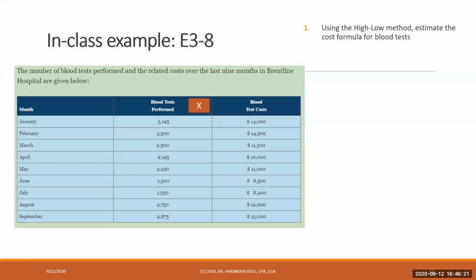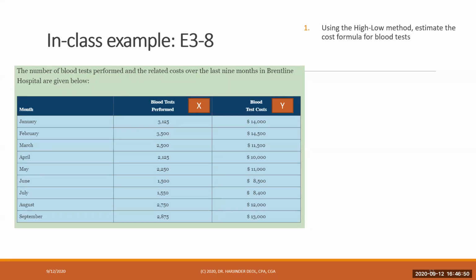So our x for our purposes is the number of blood tests performed, and the blood test costs are the y. An easy way to remember is because costs are expressed in terms of money, money has the letter Y at the end, right? So money, remember, and then Y. So the dollars here should be the Y variable, and therefore the other variable turns out to be the X variable.